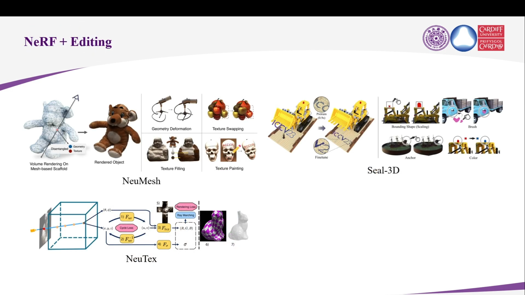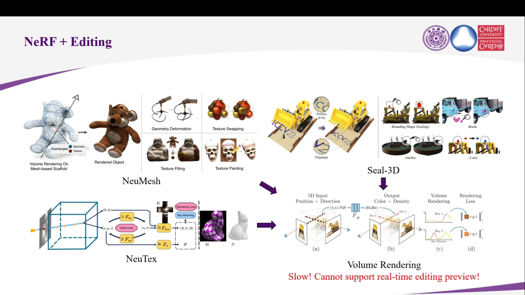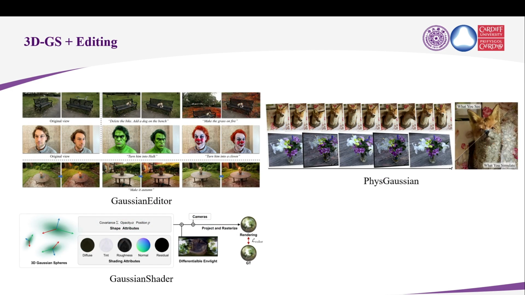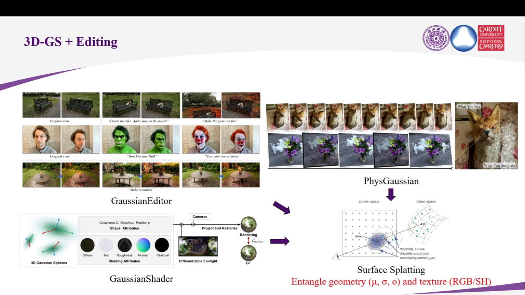In recent years, many previous works have fully explored how to edit NeRF-based 3D scenes. However, all of them rely on volume rendering to generate view synthesis results, making it difficult to support real-time editing preview. On the contrary, 3D Gaussian splatting represents the scene as a set of 3D Gaussians with color attributes, supporting real-time rendering by surface splatting.